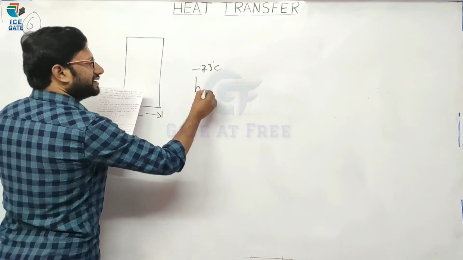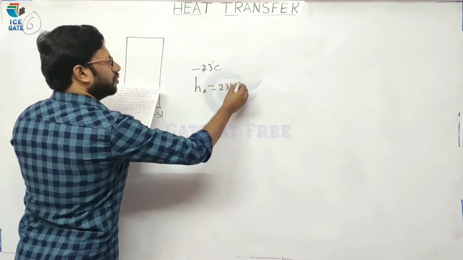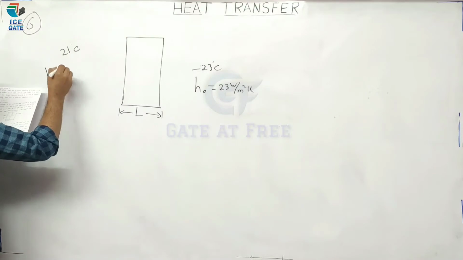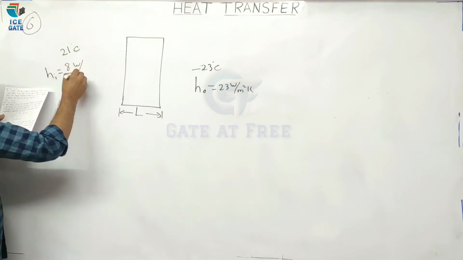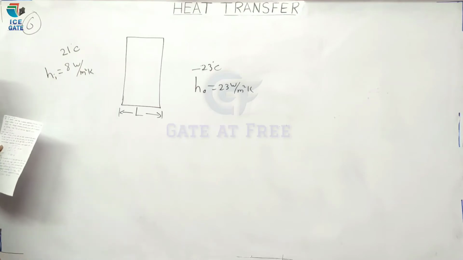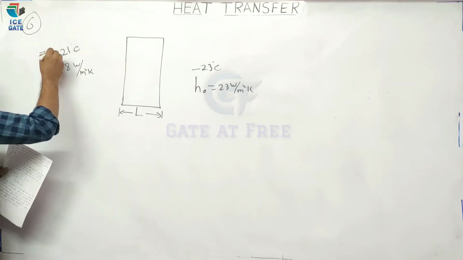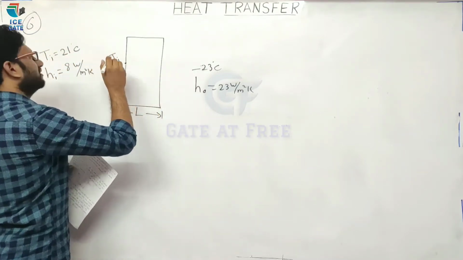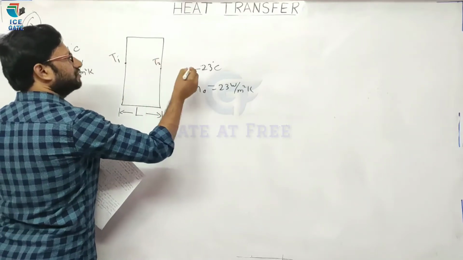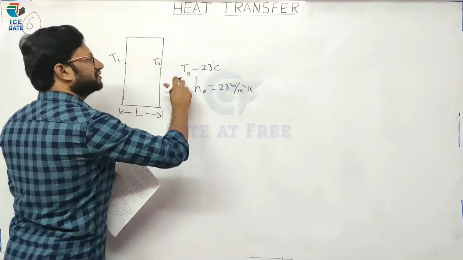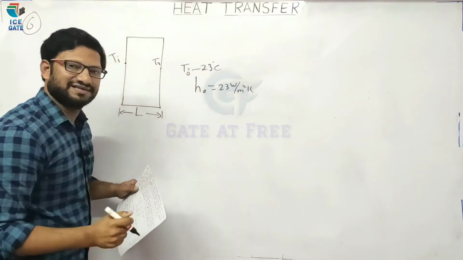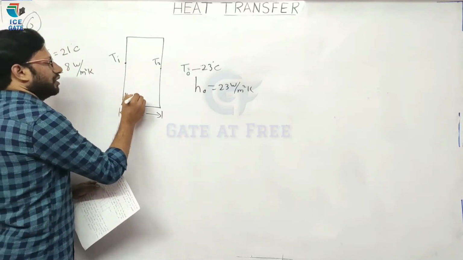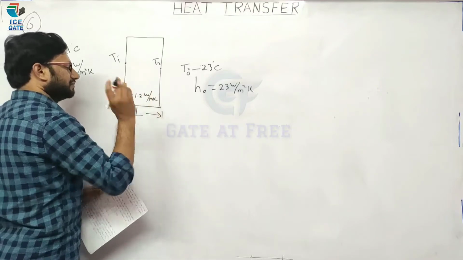The outside convective heat transfer coefficient is 23 watt per meter square Kelvin and the inside convective heat transfer coefficient is 8 watt per meter square Kelvin. Take the inside temperature as Ti, the inside wall surface temperature as T1, this as T2, and the outside temperature as T0, which is minus 23 degrees centigrade. The thermal conductivity of the wall is 1.2 watt per meter Kelvin.